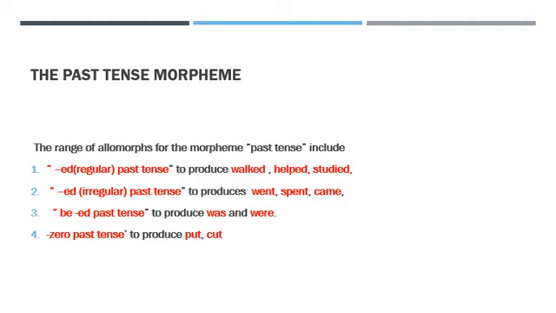And we have special forms, especially for be, for example, was and were, since we have 2 forms. And we have zero past tense when the same form is used for present and for past, like put and cut.